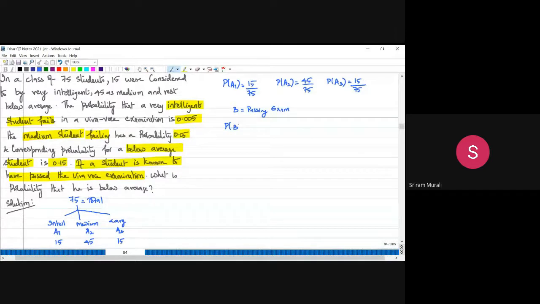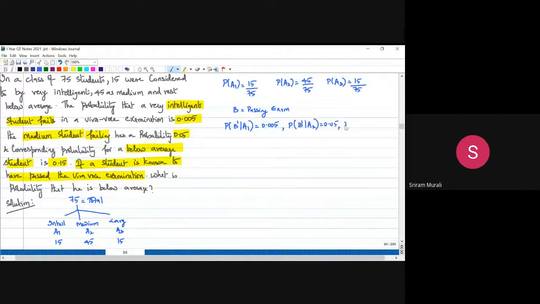So you have to find P of A1. A1 is an intelligent student. If he fails the examination, the probability is 0.005, but B is passing, and you are given B bar. Probability of A2, a medium student failing the examination, is 0.05.